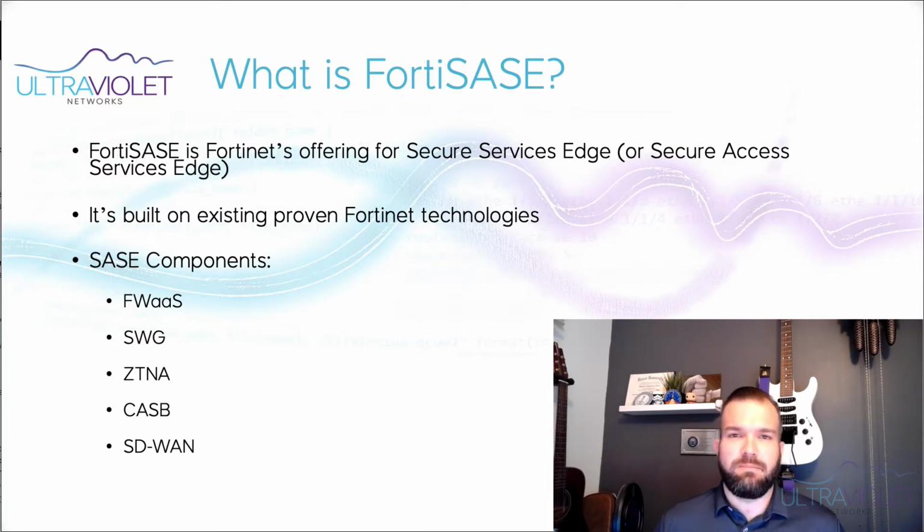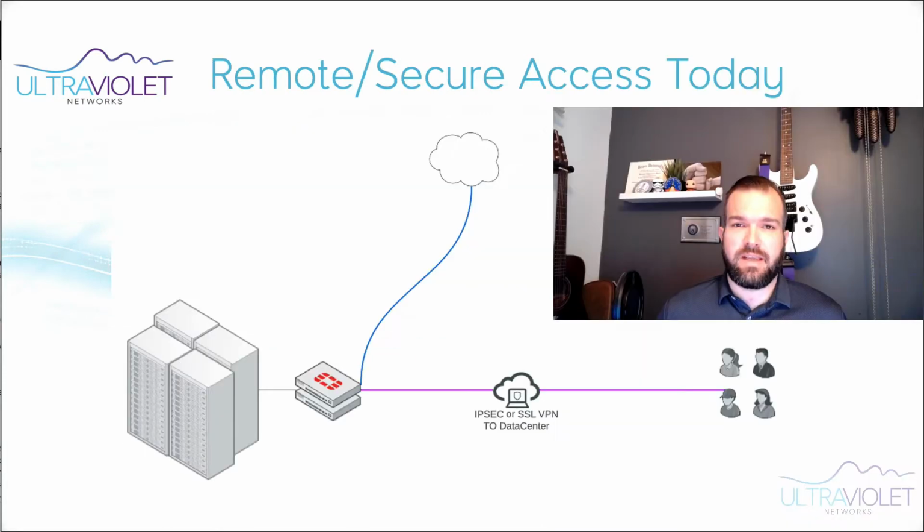So let's take a minute and talk about how we're doing remote access today, or how we've been doing it for basically a really long time. So remote access as we know it, even as the pandemic started, looked a lot like this. You have a bunch of users working remotely. They need to get to the workloads over here. And the way to do that is remote access VPN.